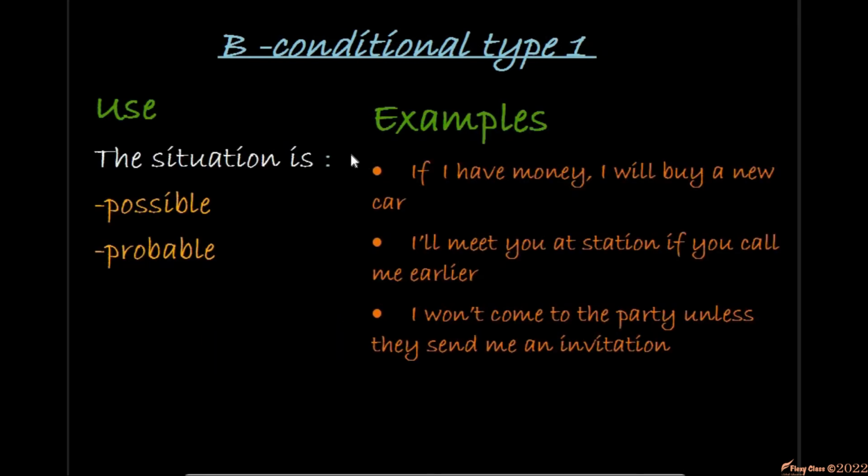As we said, the form of conditional type 1 has the present simple in the if clause, and in the result or main clause we have will plus the infinitive. So here in the if clause we have have, and this is the simple present.